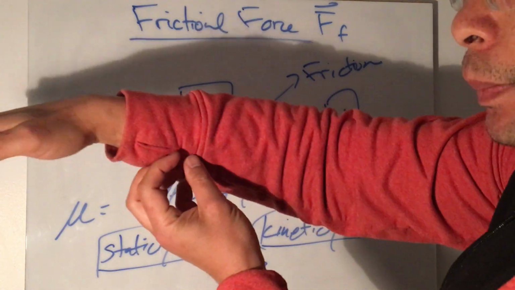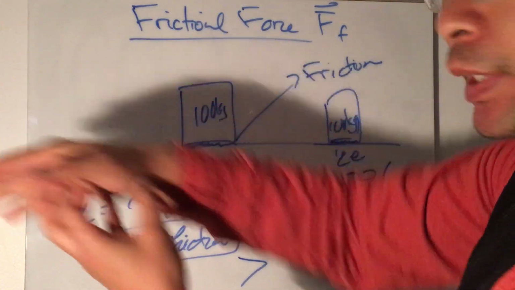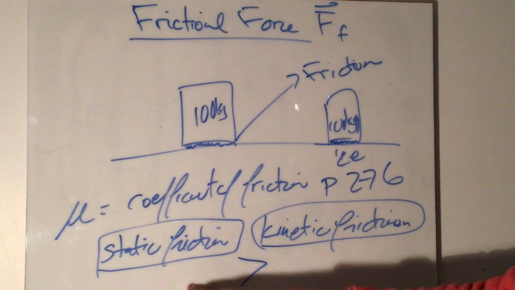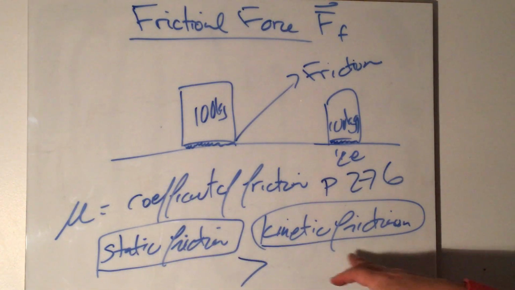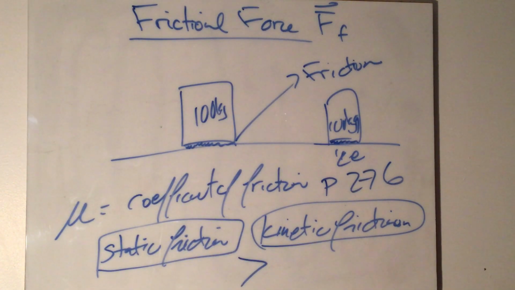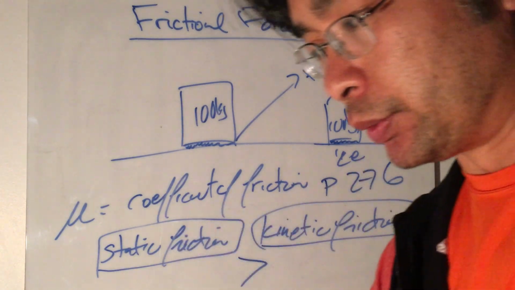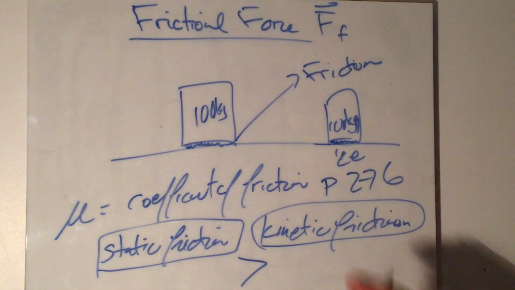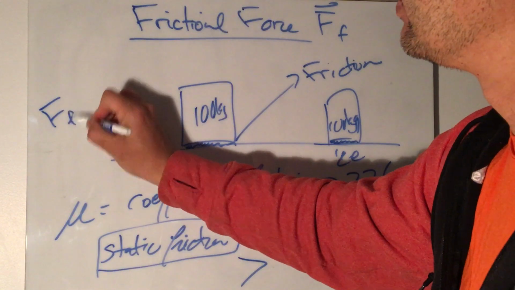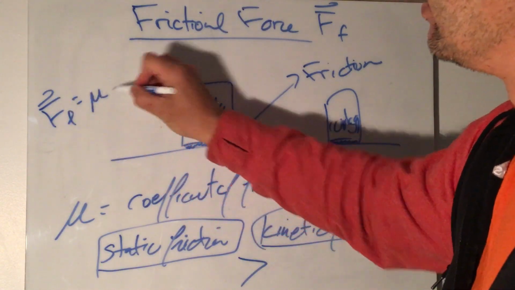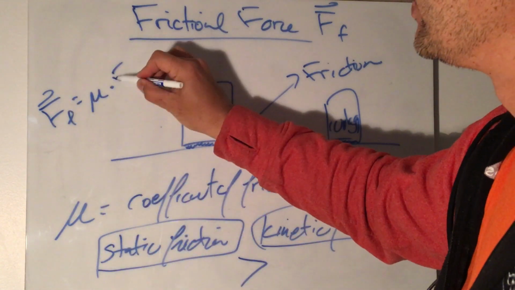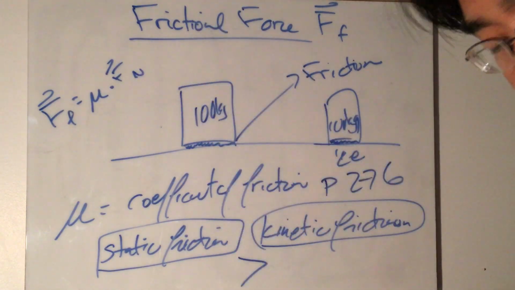But if I stop pushing, the tentacles will grab on again. Okay? So static friction is what's keeping it in place, and kinetic friction is what's going to keep it moving. What do you need to do to keep it moving? Okay? And you calculate friction force by the coefficient times the normal force.